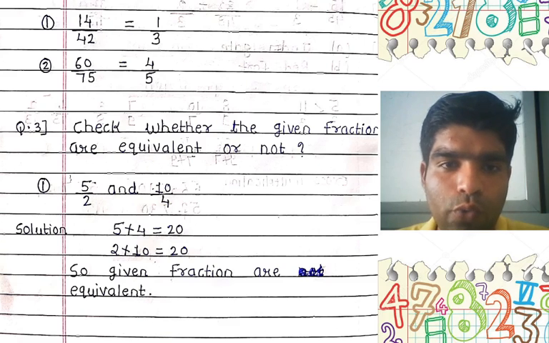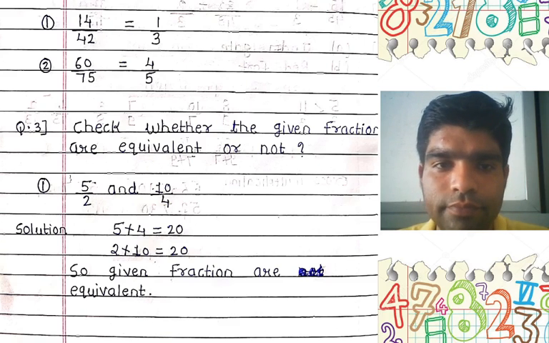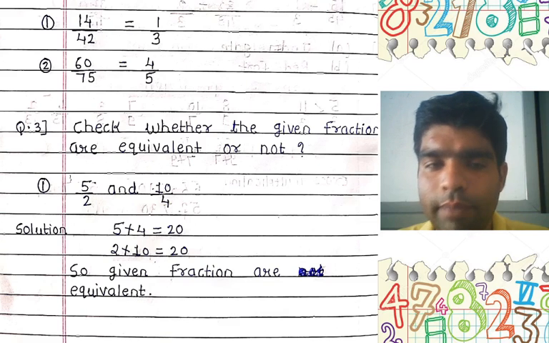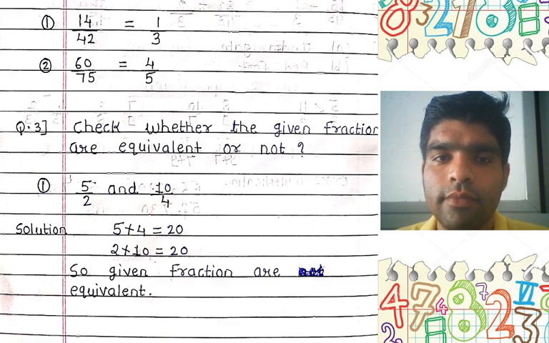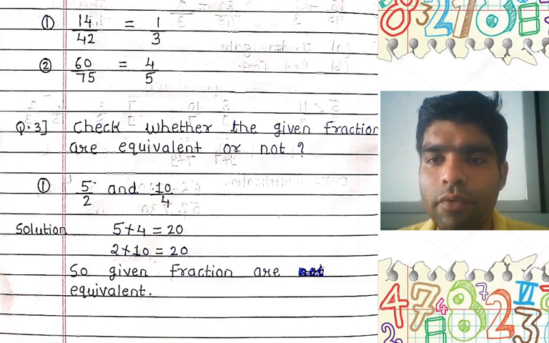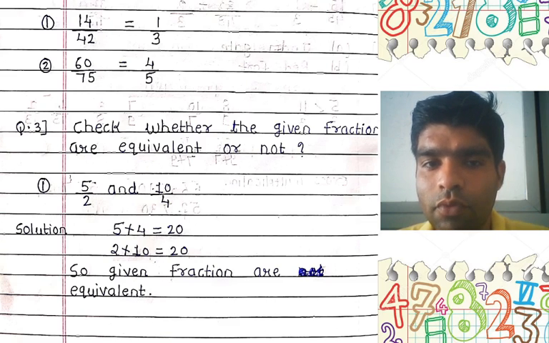5 upon 2 and 10 upon 4, we use cross multiplication. 5 multiplied by 4, your answer is 20, and 2 multiplied by 10, your answer is again 20. Both sides are equal, 20 and 20, which means the given fractions are equivalent fractions.